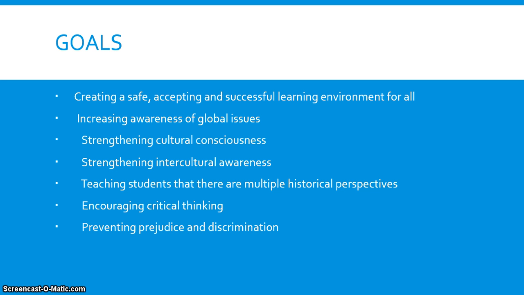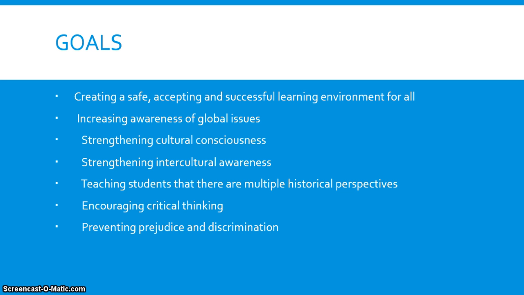Also, teaching students that there are multiple historical perspectives. So a big one I hear about a lot is whenever teachers are going over the history of Christopher Columbus and the founding of America, and a lot of people see issue in discussing Native Americans and how it all primarily comes from a white perspective of how Christopher Columbus and his crew perceived Native Americans and not so much how Native Americans felt about the Europeans coming and exploring their homeland.